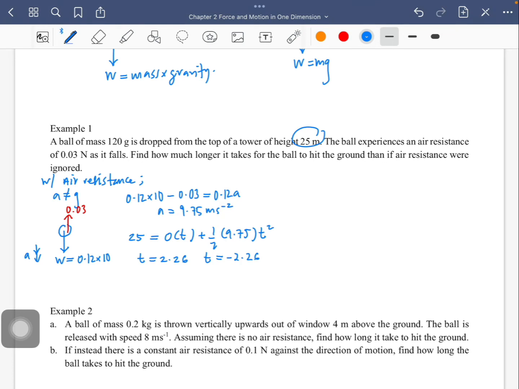We consider the positive value of t, so the time taken from the top of the building to the ground is 2.26 seconds. This is the case with air resistance.